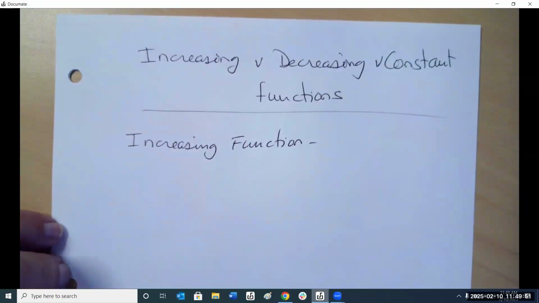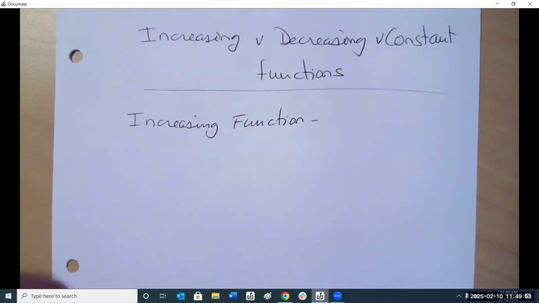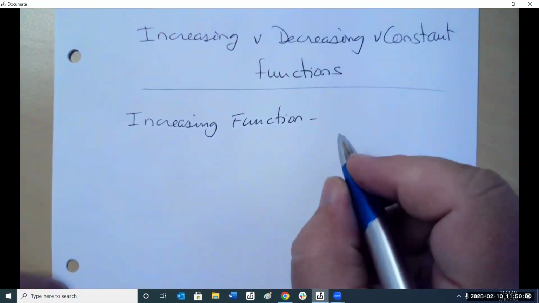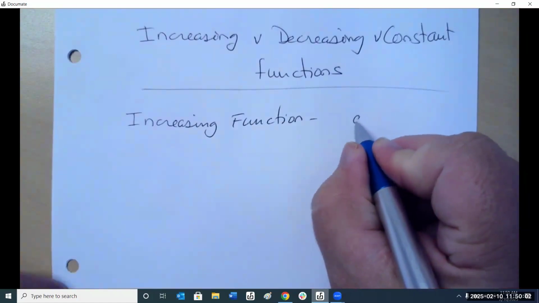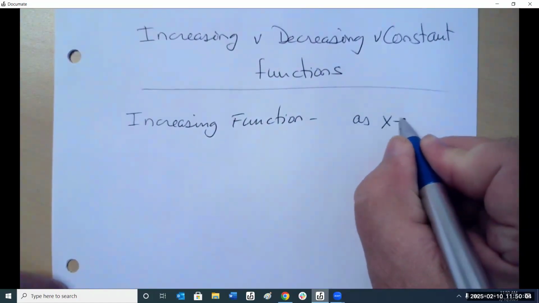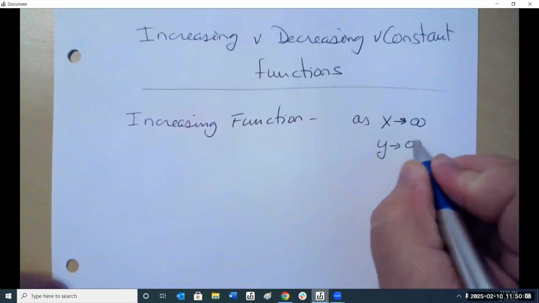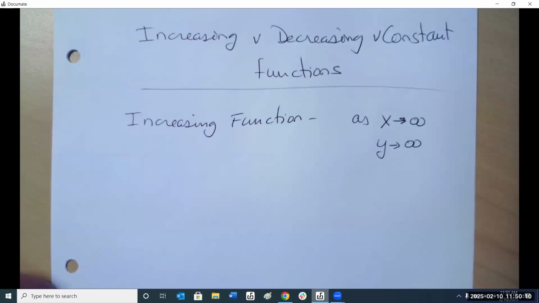How would you define an increasing function? Goes to infinity, y goes to infinity. This is accurate, yeah.